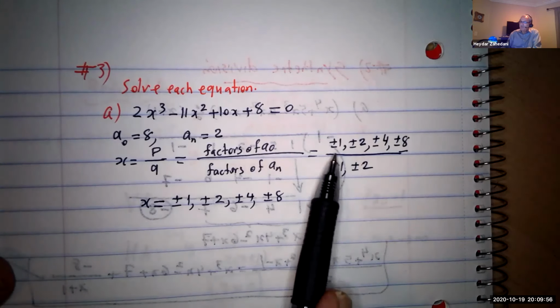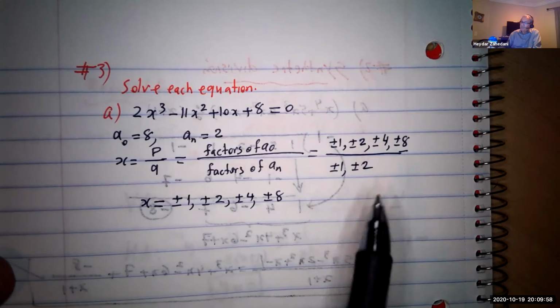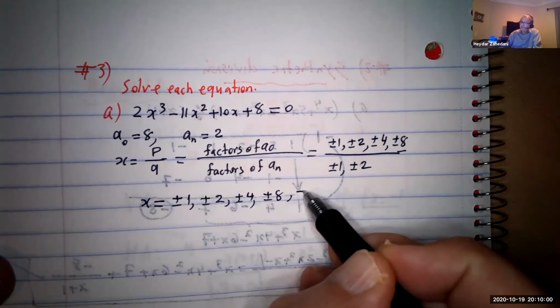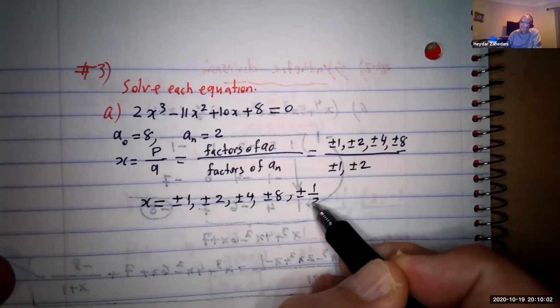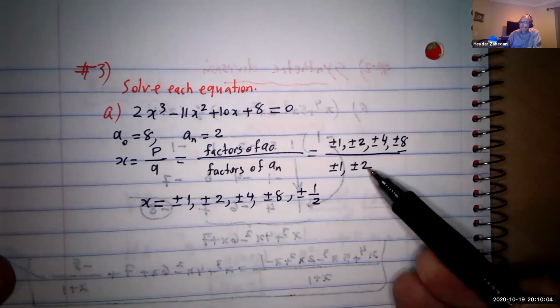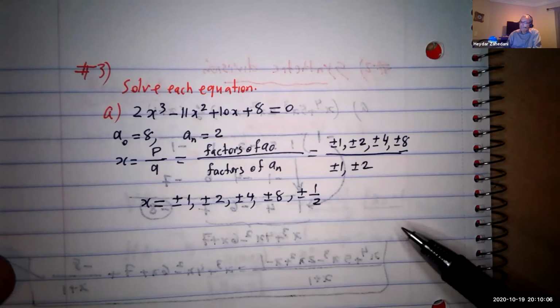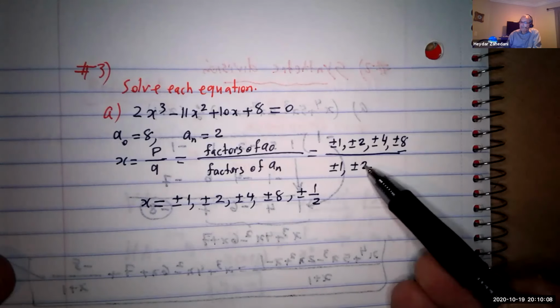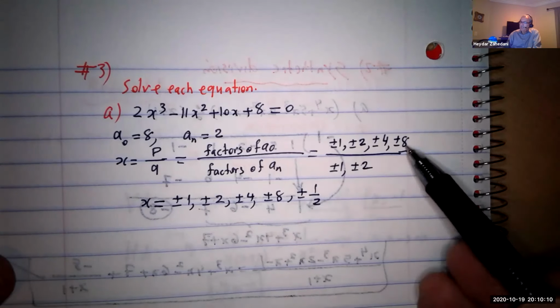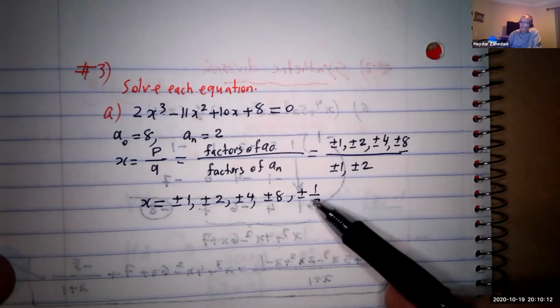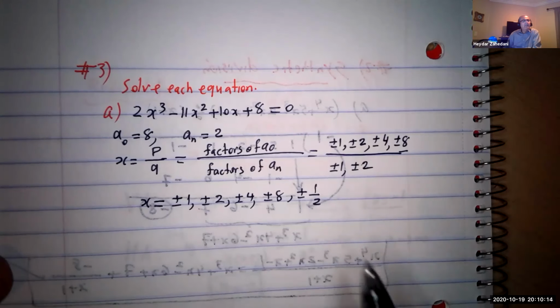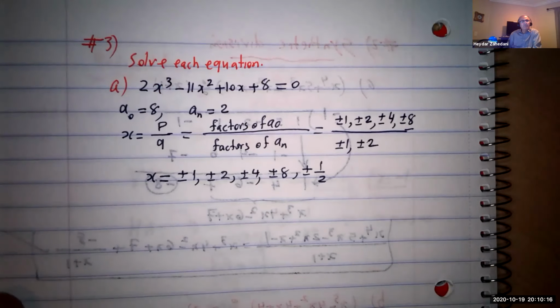So each one of them divided by 2. 1 divided by 2 would be 1/2. 2 divided by 2 would be 1, that you already got. 4 divided by 2 would be 2, we already got it. And 8 divided by 2 gives you 4, we already got it. So there are no new members.